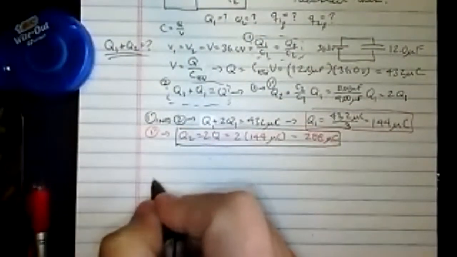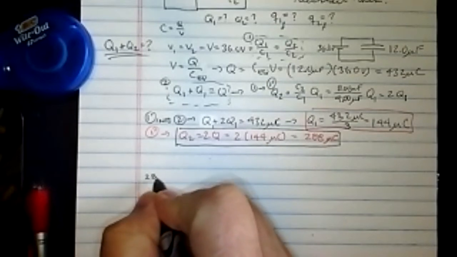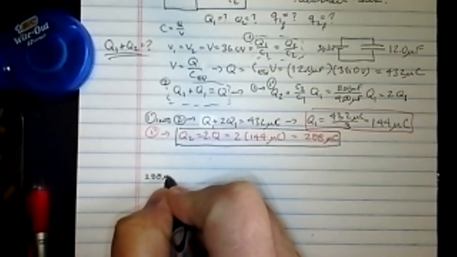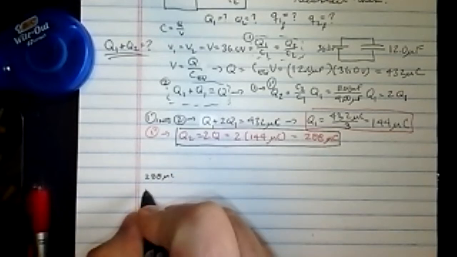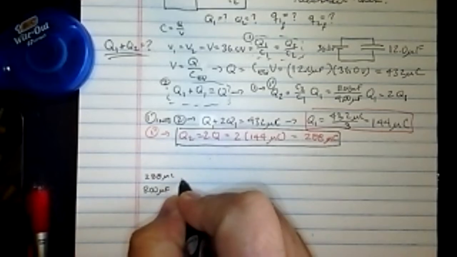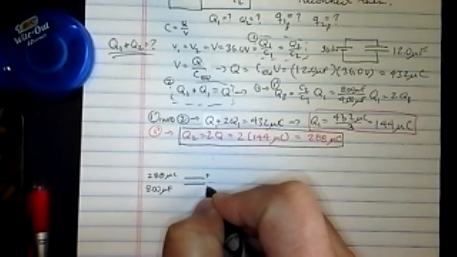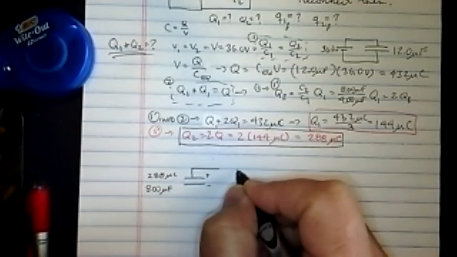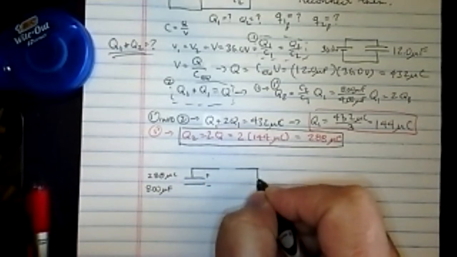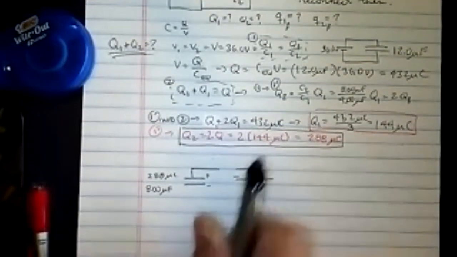Now here's the weird part. I'm going to now take this 288 microcoulomb, which is actually corresponding to an 8.00 microfarad capacitor. And I'm going to take the positive side and connect that to the negative side. Boy, I drew a big capacitor there.